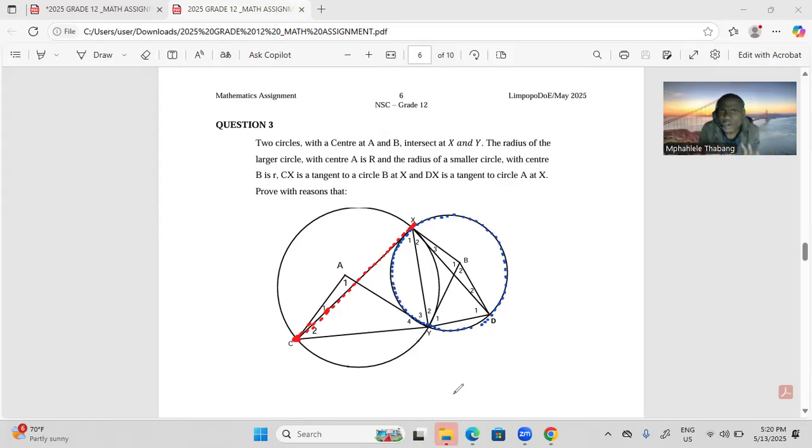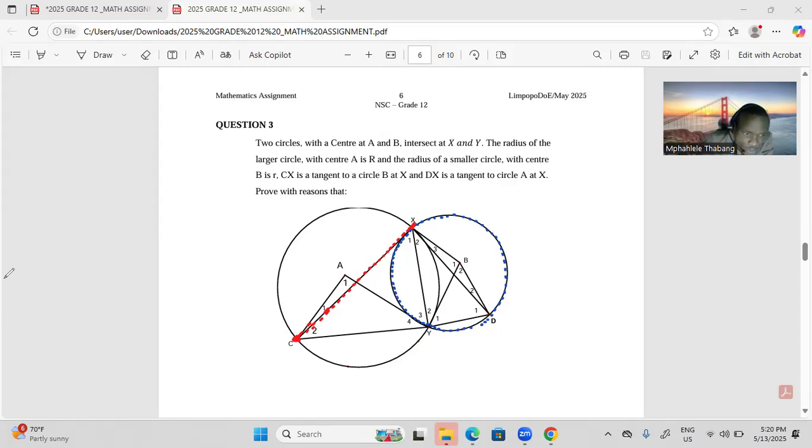So let's observe the angle between the tangent and the chord. Let us look for that angle. And we know geometrically that the angle between the tangent and the chord is equal to the angle in the other segment.